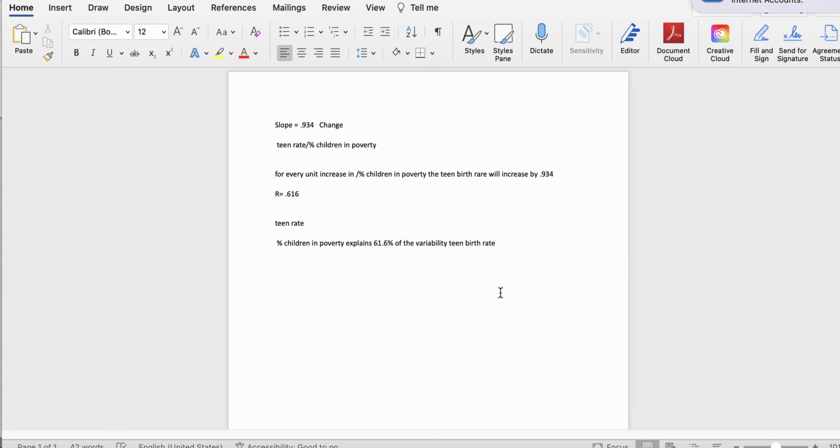How good a predictor is the percent of children in poverty? Pretty good predictor. It explains 61% of the variability in teen birth rate.